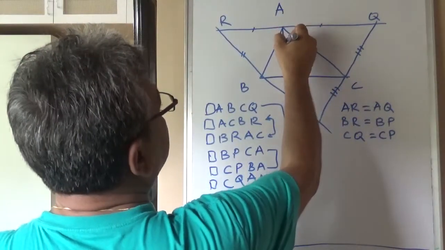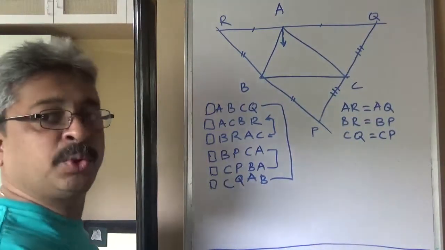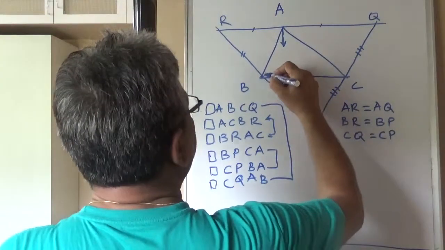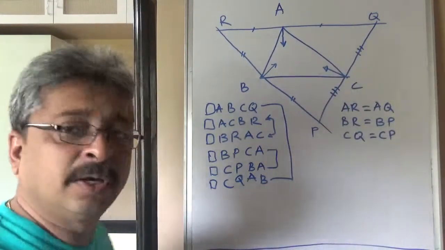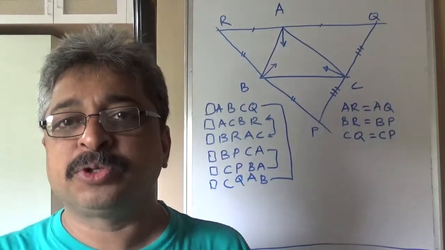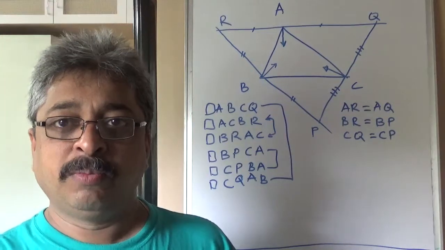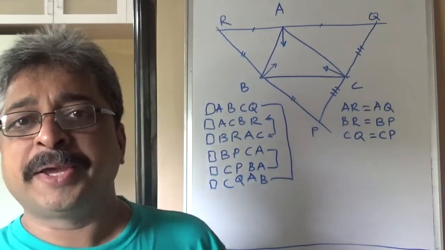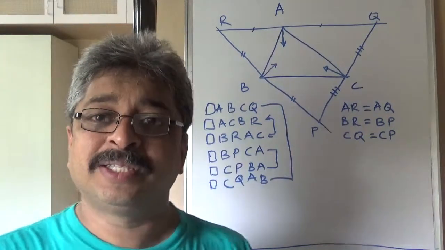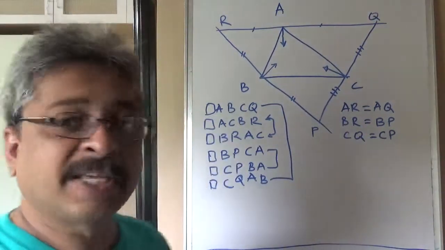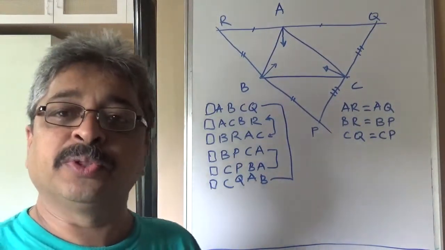Therefore, if I draw a line perpendicular to BC, which is perpendicular to RQ, passing through A, and similarly through B and through C, these three lines are the altitudes of ABC and they are supposed to be concurrent. Now, pause the video, look into the diagram, concentrate and find out for yourself why these three lines, or rather rays in this case, pass through a common point. Okay, pause this video. Now the answer.